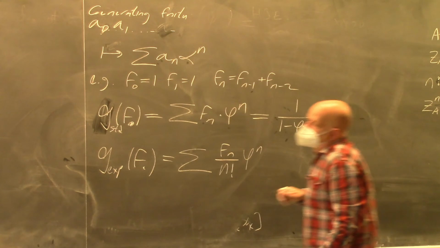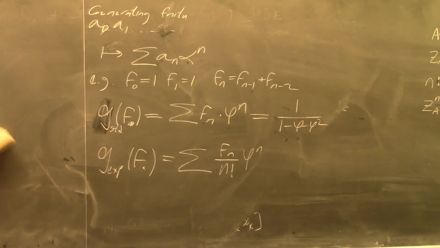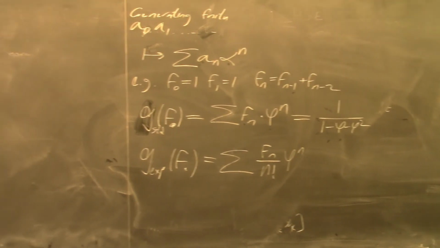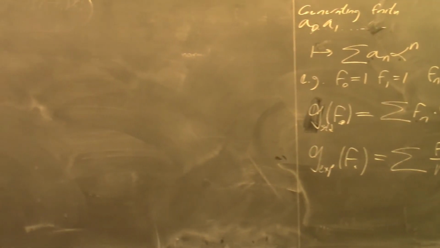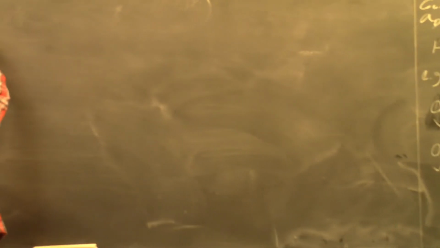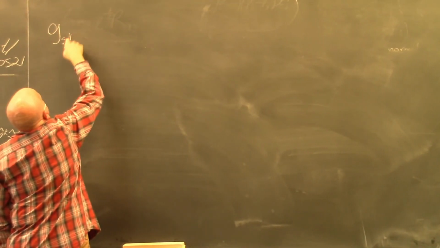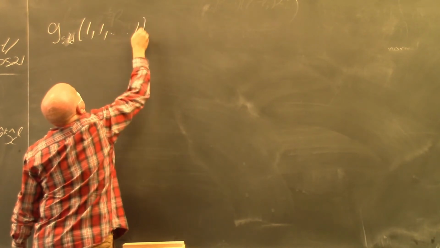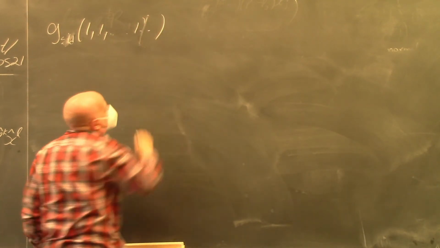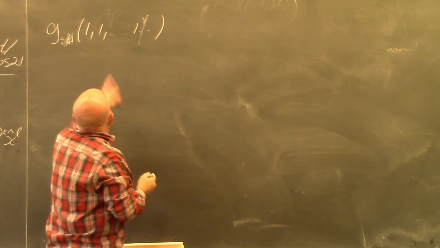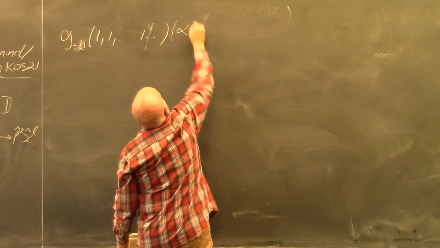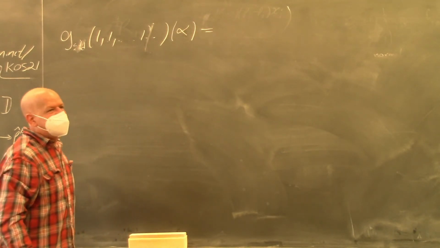By the way, let's do an example. What's the standard generating function of the sequence 1, 1, 1, 1, just the infinitely repeating sequence of ones, but now I have no canonical choice for the variables, so let's call it alpha. Okay?